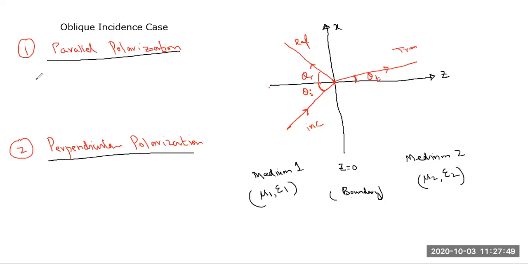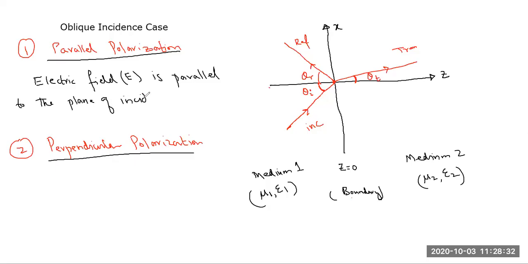In the parallel polarization case, we consider that the electric field E is parallel to the plane of incidence. I will explain what the plane of incidence is.